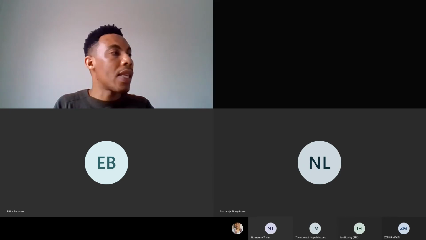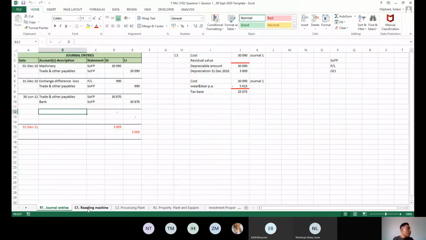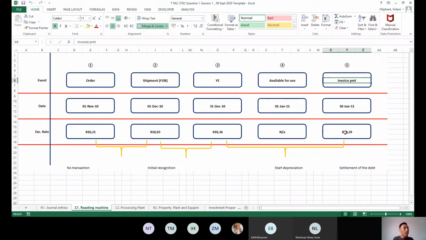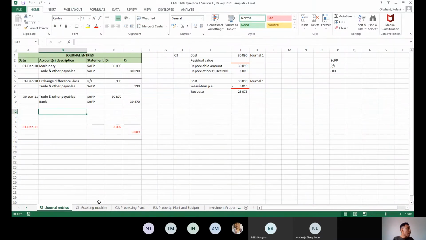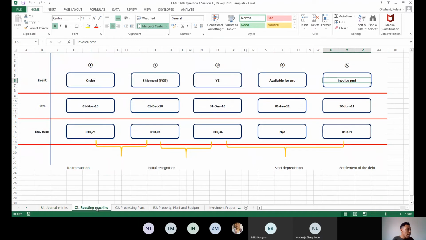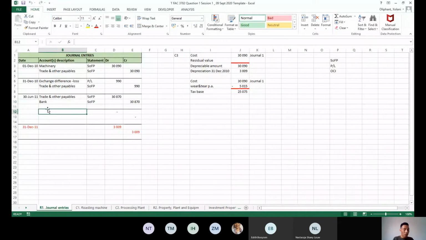And when this debt was settled, it was only settled at 10 rand 29 cents, right? Meaning that now there's an exchange gain. What we do is say trade and other payables, and then here we have an exchange gain, exchange difference.